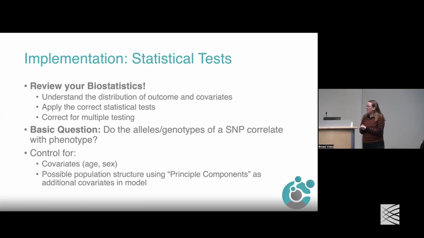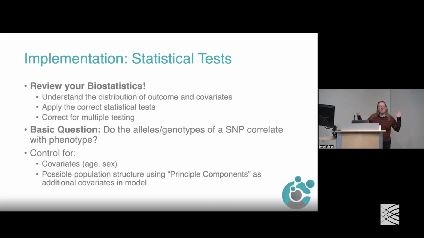So before you employ a GWAS, study the associations between your outcomes and your covariates and understand the structure of your sample, so that you are starting off with a good epidemiological model before you add in the genetic variants from the GWAS.